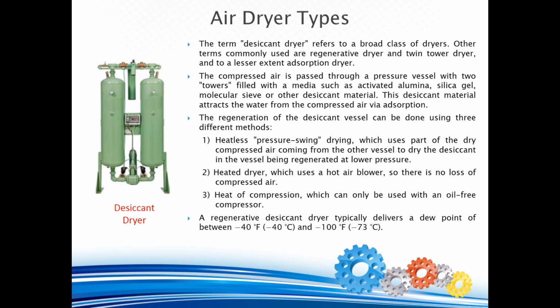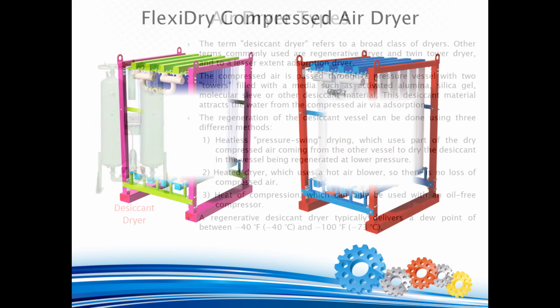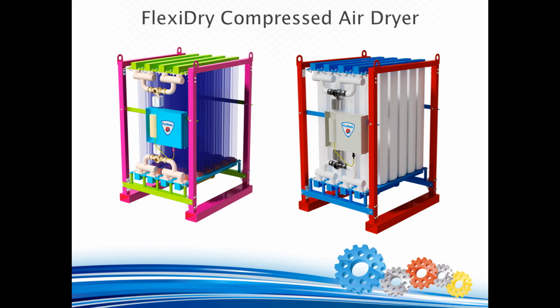A regenerative desiccant dryer typically delivers a dew point of between -40 degrees Fahrenheit, -40 degrees Celsius, and -100 degrees Fahrenheit, -73 degrees Celsius. Pan Blast's FlexiDry compressed air dryer is a heatless pressure swing type regenerative desiccant dryer.